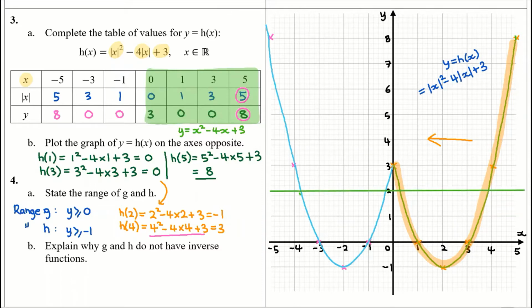You can see that we have 1, 2, 3, 4. Okay, so there are 4 different distinct x inputs going to the same y output. So that would make h a many-to-one mapping.